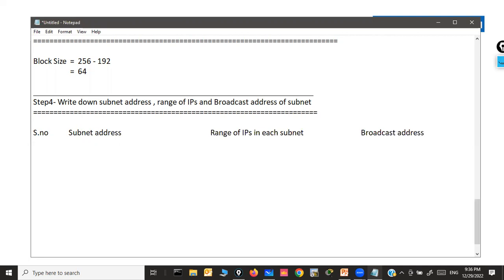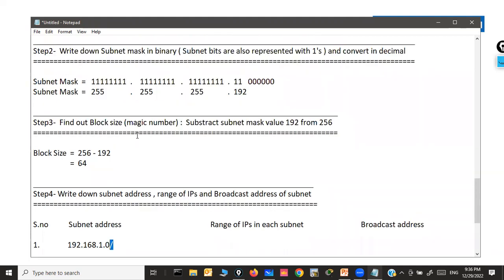Now see here, the first subnet address will be 192.168.1.0, and if I write the subnet mask in slash notation, I will not be using slash 24, but a total of 26 ones.